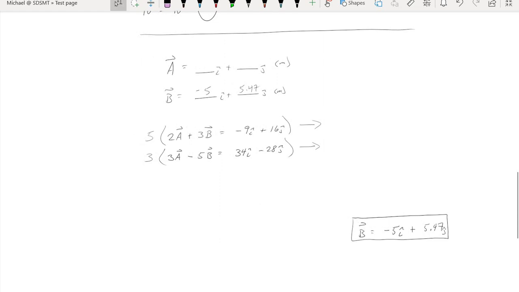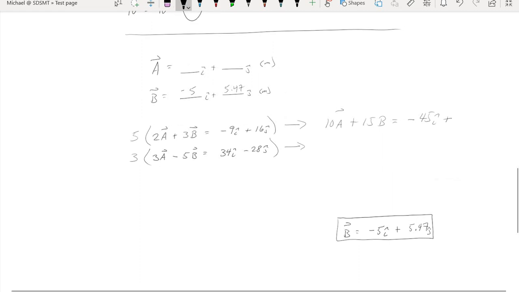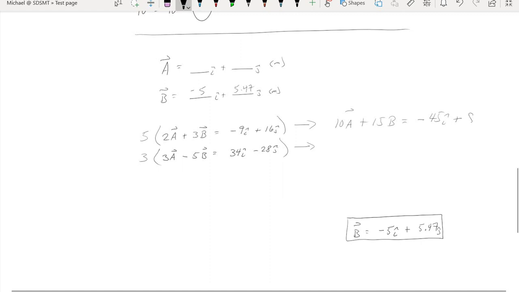Our top equation, when we carry the 5 through, we will get 10a, 15b, minus 45 i hat, plus 80 j hat.